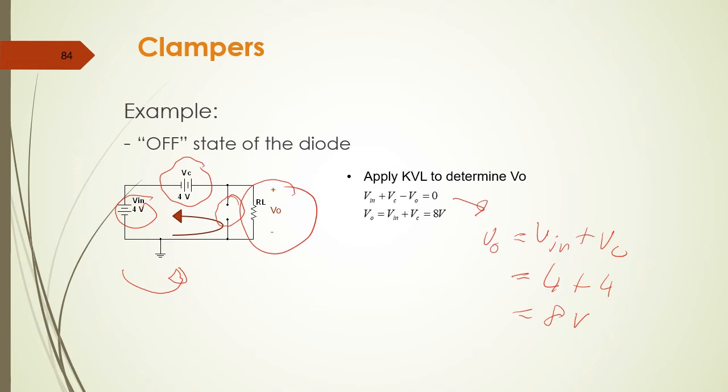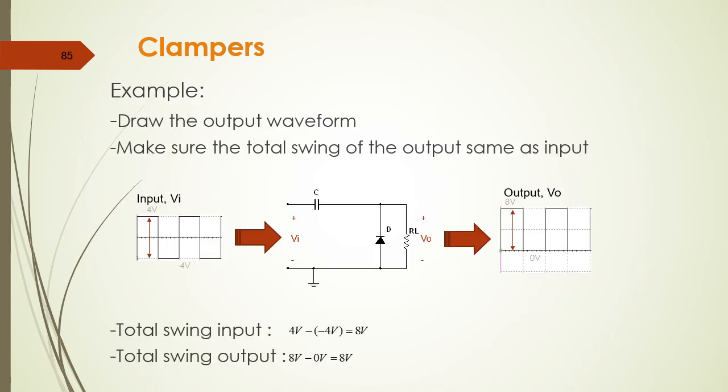Now we draw the waveform and make sure the total swing of the output is the same as the input. Remember the total swing here between 4 volt and minus 4 volt is 8 volt. The range is 8 volt, 4 minus minus 4 equals 8.